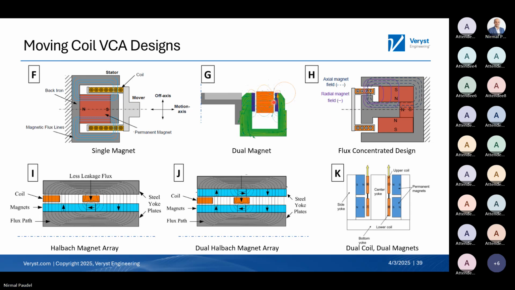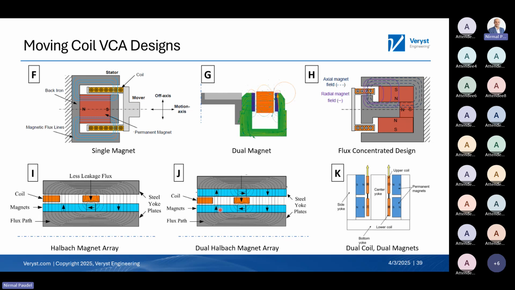There is also a dual magnet: you can have a magnet on each side, left and right, with opposite directions, to create a uniform magnetic flux, and then a big coil oscillating here. The other one has three magnets, enhancing more flux.